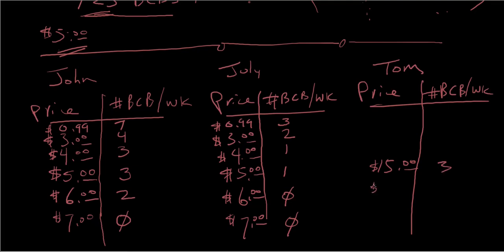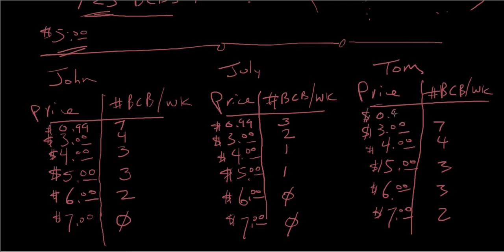At $6, it was three. At $7, he may say he'll just have two. If it's $4, then it's four. If it's $3, then it's seven. And at 99 cents, I'll have 10 of them.